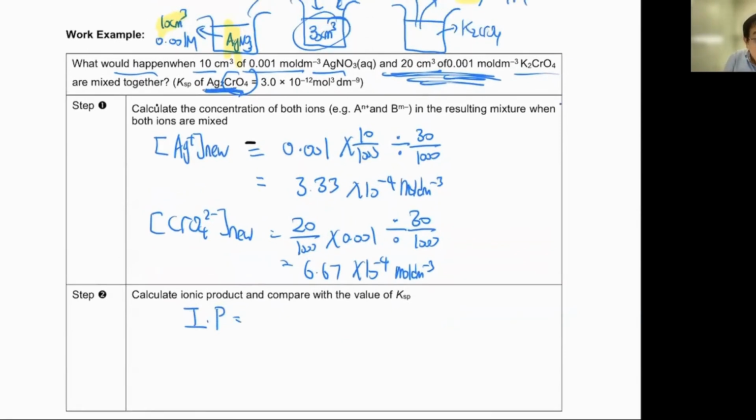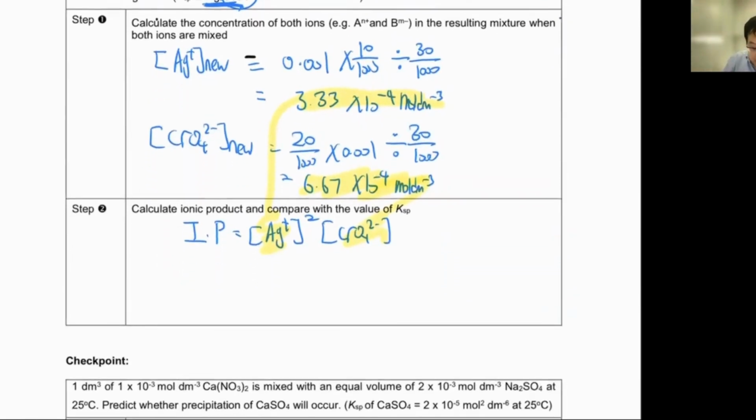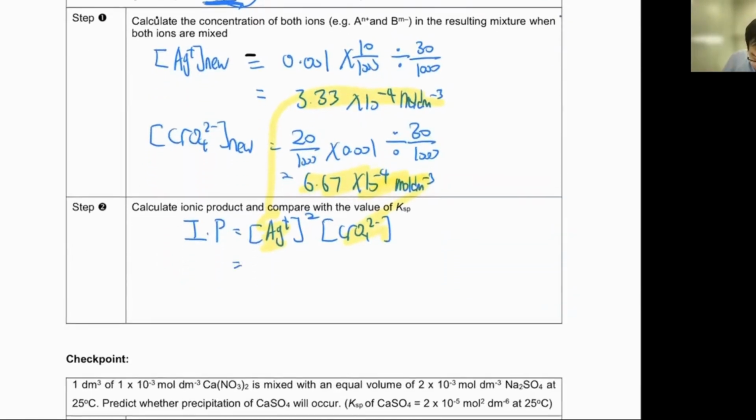That means that you have Ag2CrO4, I will have [Ag+] to the power of 2 here, because there are 2 Ag and CrO4. Now, what do I do next? Substitute the value of Ag+ into this equation, substitute the value of this one into this equation. You find the IP value. You see whether the value is bigger or smaller. So I'm just going to substitute it in, give me a few seconds.